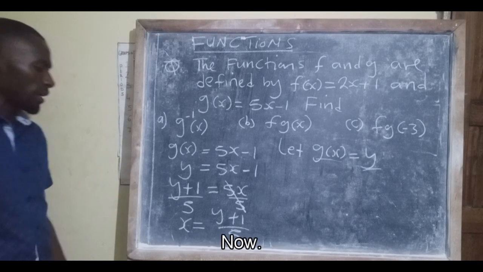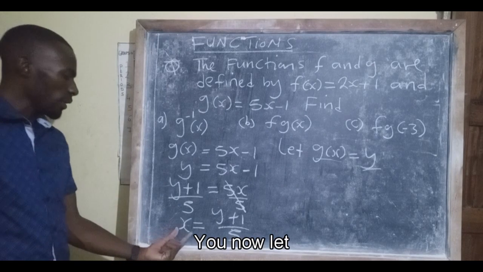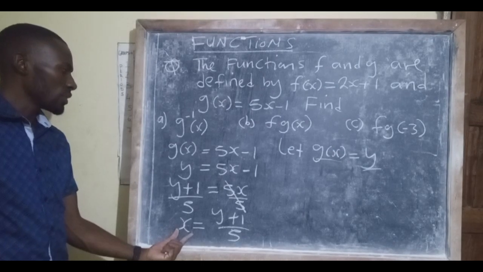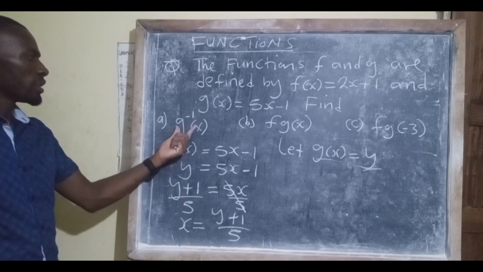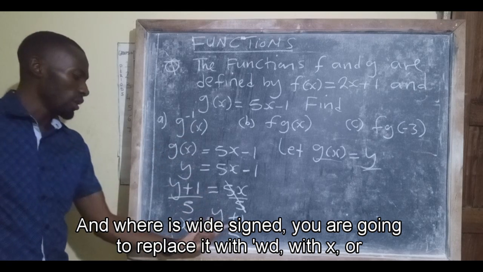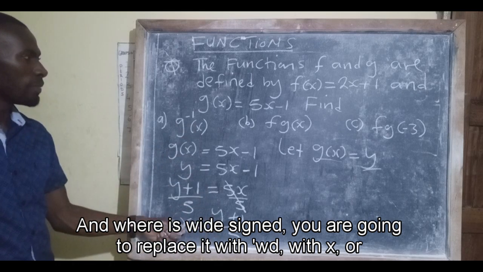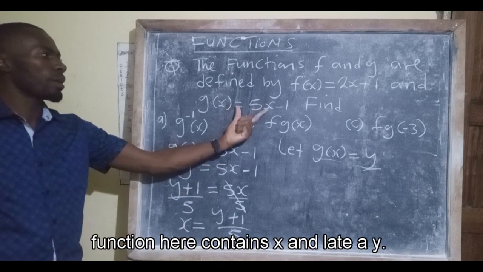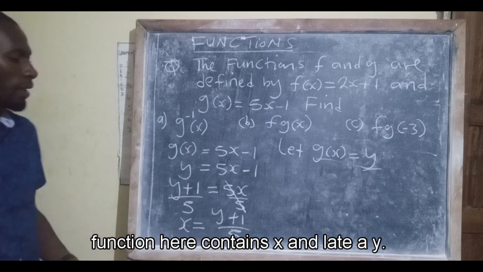The last part now, you let x be equal to g of x inverse. And where there is y this side, you are going to replace it with x, since our function here contains x and not a y.